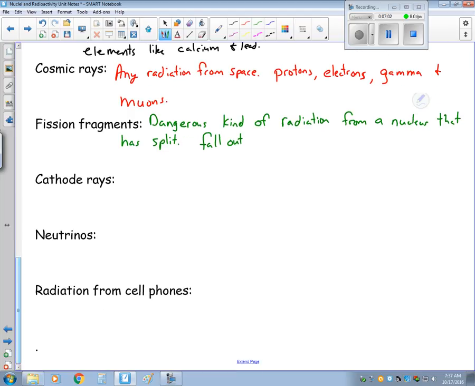Cathode rays. This was discovered emanating from hot metal that had a high voltage applied.